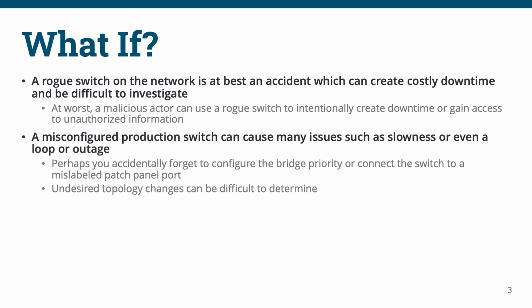This opens up the possibility for a rogue switch to be connected to the network. A rogue switch is one that is not expected to be on the network. Without careful configuration, the rogue switch could claim itself as the root bridge and cause an impactful spanning tree convergence event in the network.